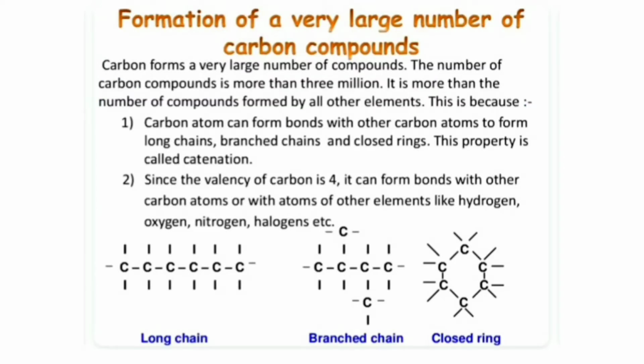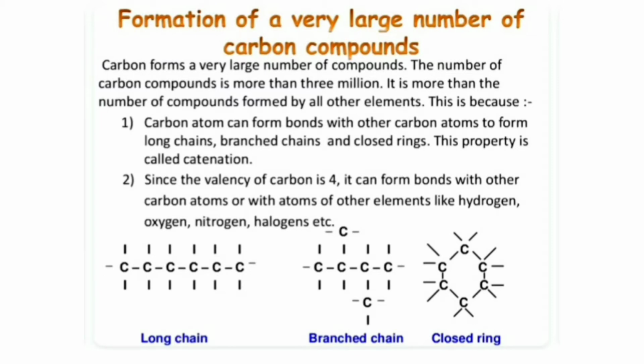Formation of very large number of carbon compounds. Carbon forms a very large number of compounds. The number of carbon compounds is more than 3 million. It is more than the number of compounds formed by all other elements. This is because carbon atom can form bonds with other carbon atoms to form long chains, branch chains and closed rings.